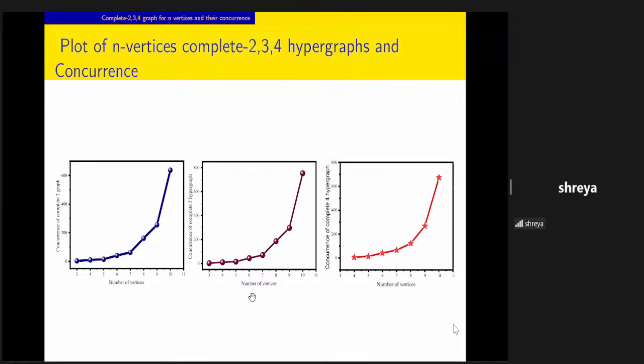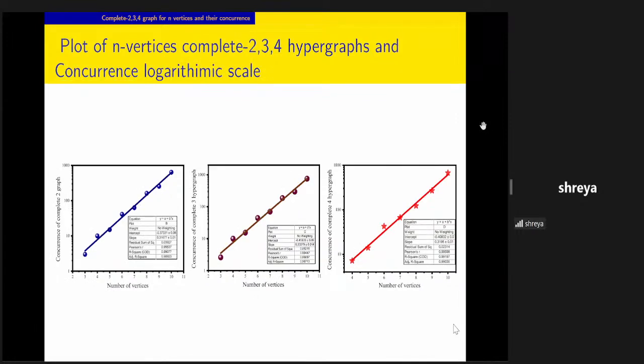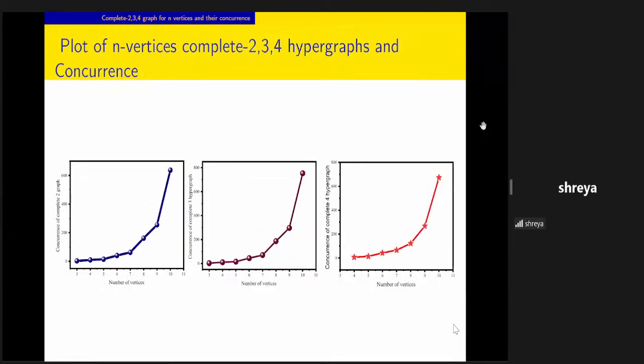Complete 3 shows a similar pattern, and for complete 4 the pattern is the same. And if we plot in log scale, this comes out linear. That means the curve is exponential: with respect to the number of vertices, concurrence is increasing exponentially.